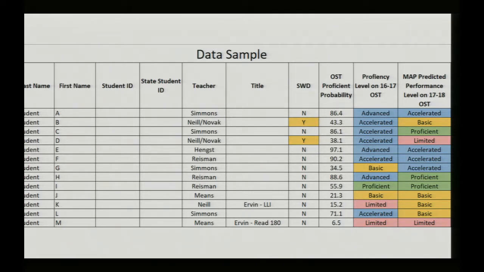If you look at this report, you'll also see a column labeled OST proficient probability. Based off of how students are performing across the state, they are put into a bracket, and the state makes predictions on proficiency. So that column alone also helps us determine whether or not they are still on track.